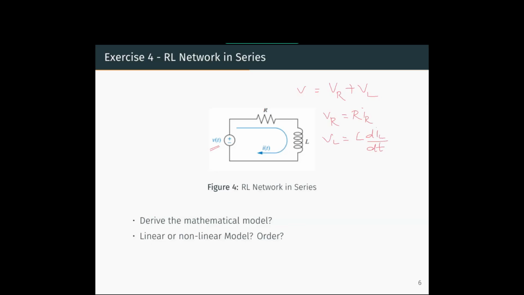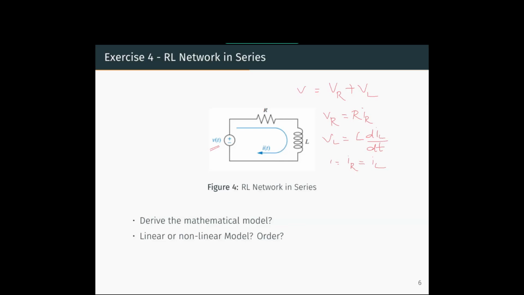And the voltage across the inductor is equal to the inductance value L into dIL by dt, where IL is the current through the inductor. Now these elements are kept in series, so the currents are equal. So the current IR is equal to IL is equal to I.